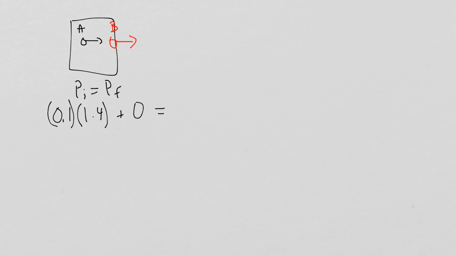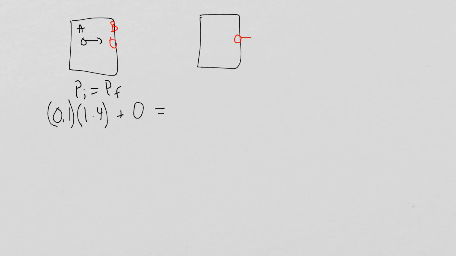After the collision, we're told the incident ball, so incident means the incoming one, or the one that was moving at first, ball A, rebounds. So rebounds means bounces back the way it came. If I'm going to draw a picture of what it looks like after the collision, actually, we'll make that our before picture.